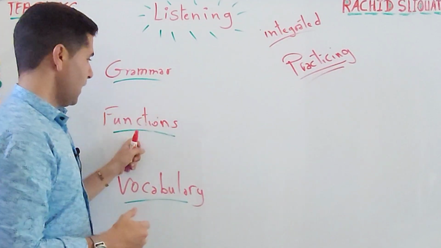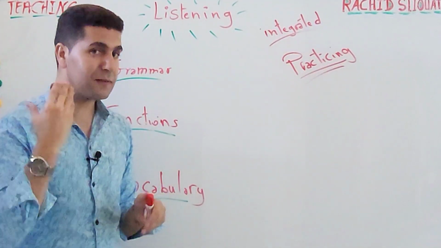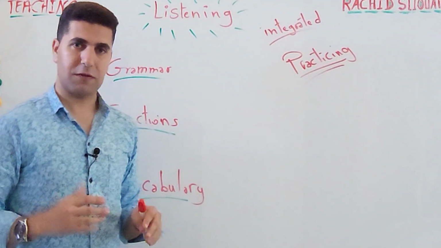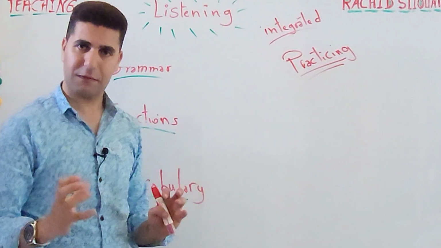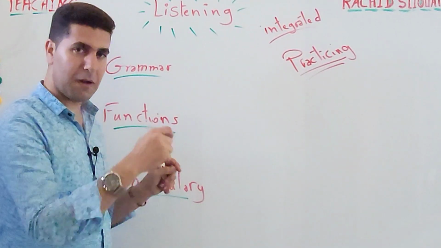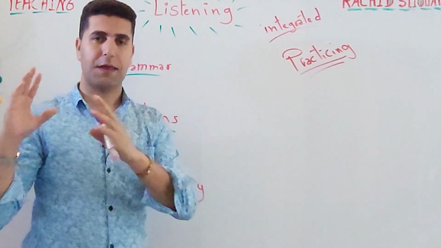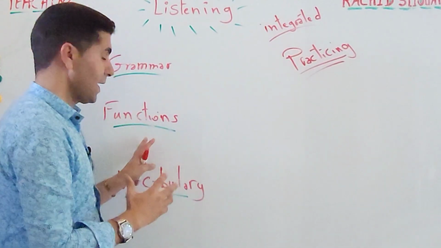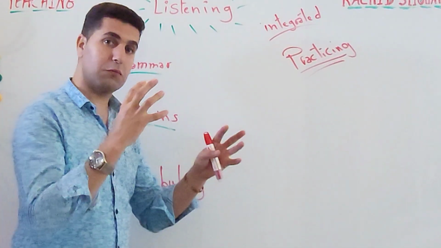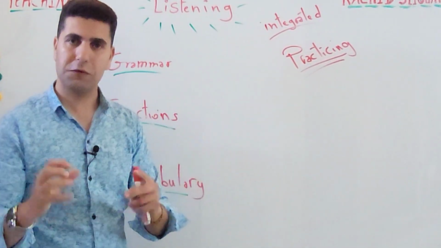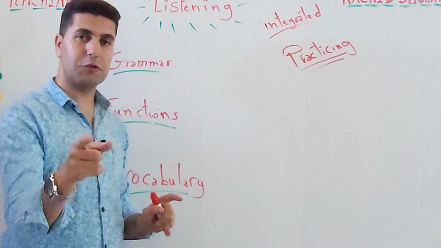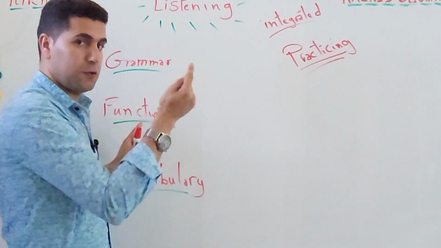In functions, for example, they might listen and complete sentences with the appropriate expressions they hear, listen and match sentences with their functions, answer questions, or say whether it is true or false. So again, it's all up to you to choose the appropriate activity.